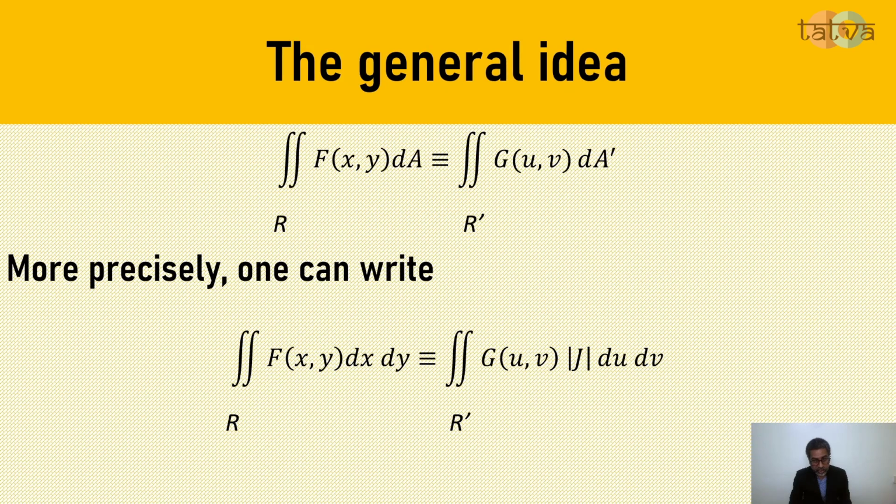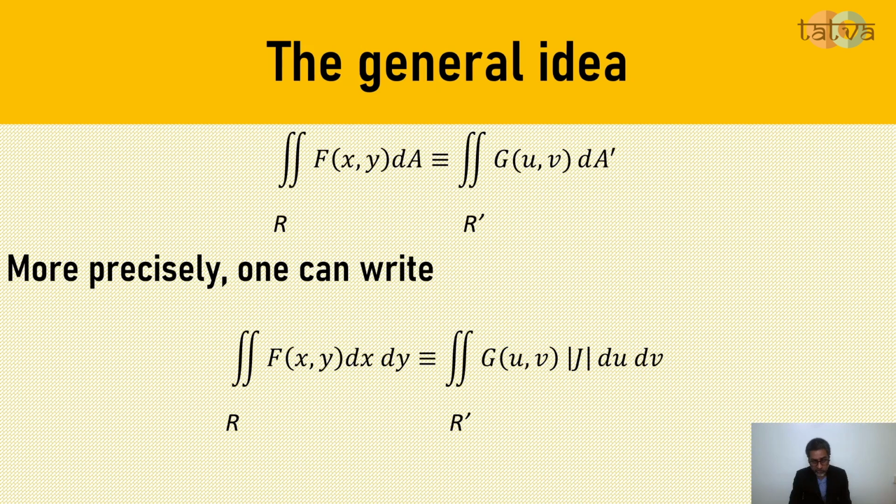So if that is the case, look at the right hand side. The dA prime is being written as mod J du dv, where J is the Jacobian. I told you already that whenever there is a change of variables, that means change of coordinate systems, it is often accompanied by the Jacobian. Why we use a mod for J is very important, because you know dx dy is the area element dA, and area cannot be a negative quantity.